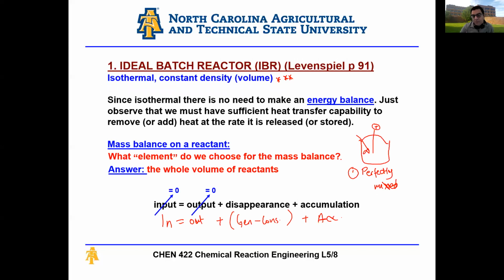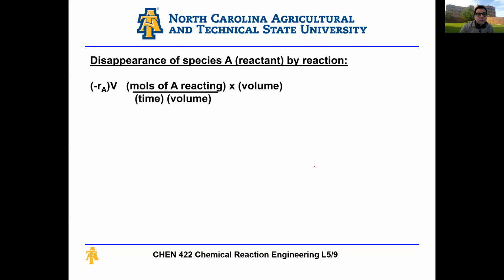Levenspiel, by lumping generation and consumption, terms them as disappearance. So we need to find an expression for the disappearance term, and an expression for the accumulation term. What's the rate of disappearance of species A by reaction?